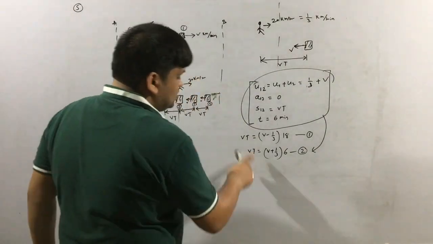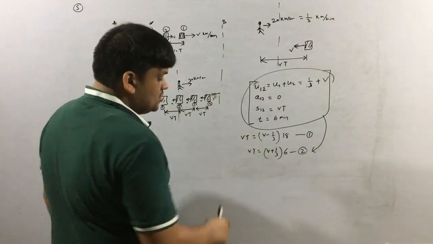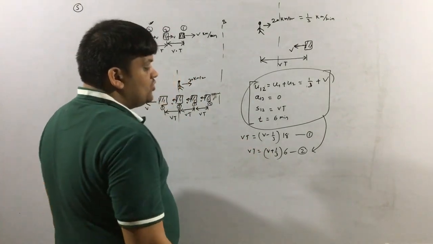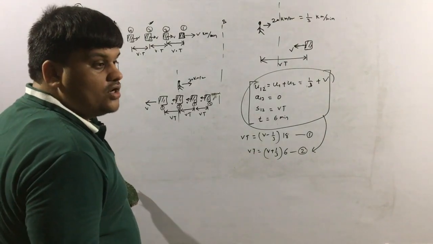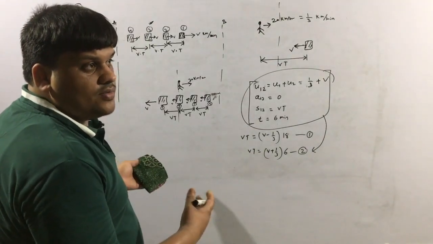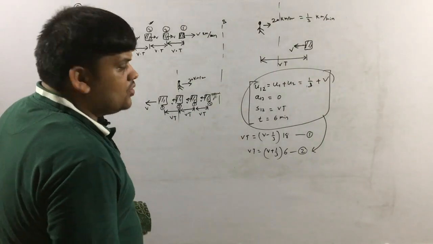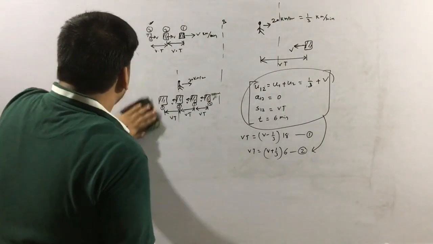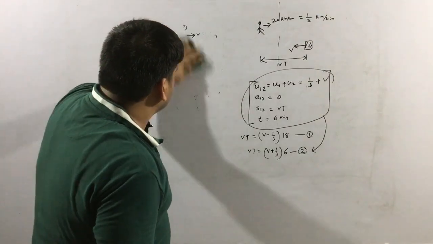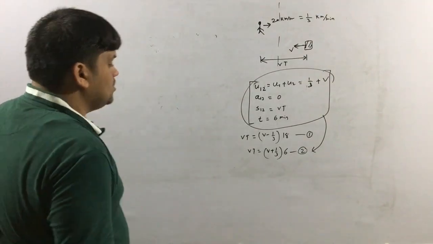Now you can see in these two equations there are two unknowns, v and t. So you can solve and find the values of v and t. Okay, so to understand these equations is very difficult, but we can make them easier. Now solve for these two. How to solve these two?